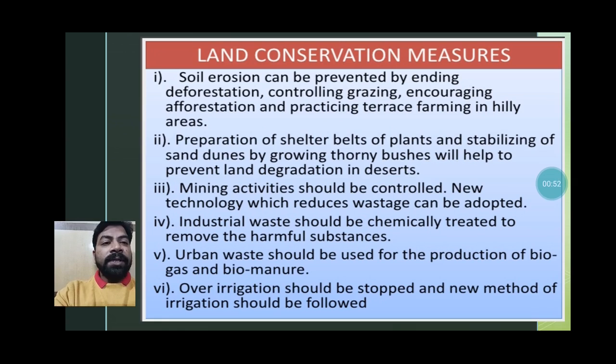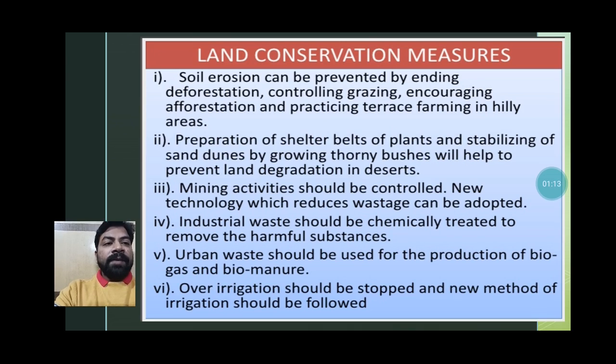Next is controlling grazing. Overgrazing is also responsible for soil erosion. We should encourage afforestation, so the land that has become deforested or barren gets soil and holds the soil.